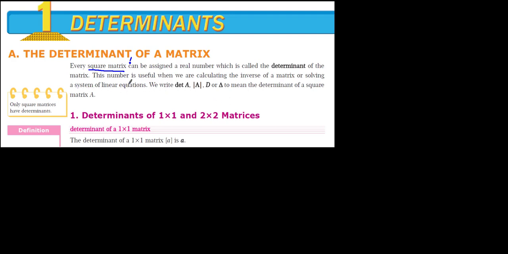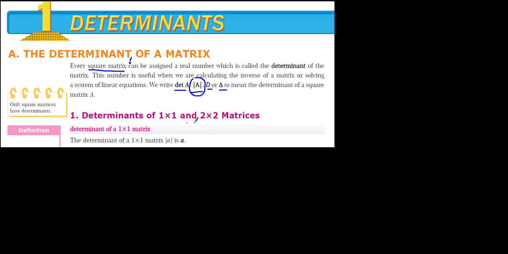This is the notation style: you can show it with det A, or the absolute value of A, or D or delta. By using these signs you can mention the determinant of A, but in this book it's using det A. I'm going to use this notation for the determinant of A.